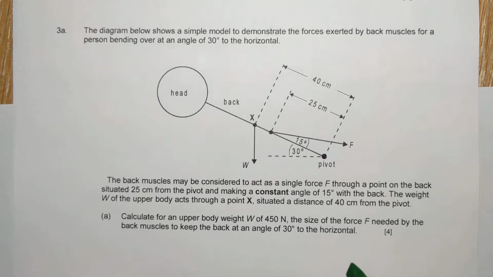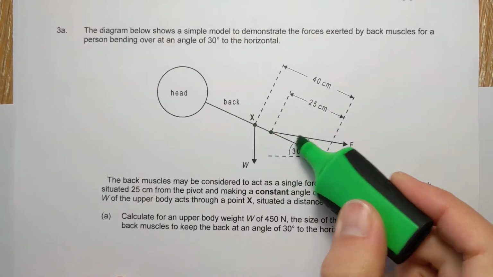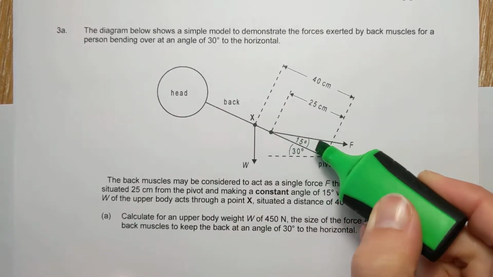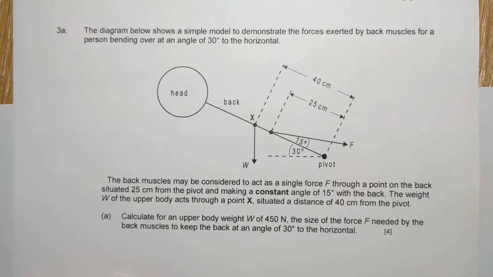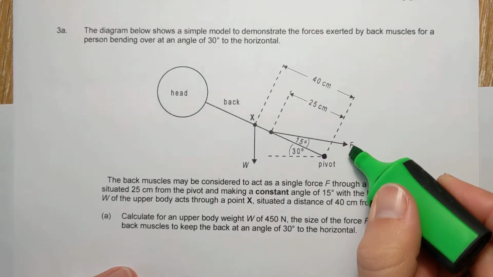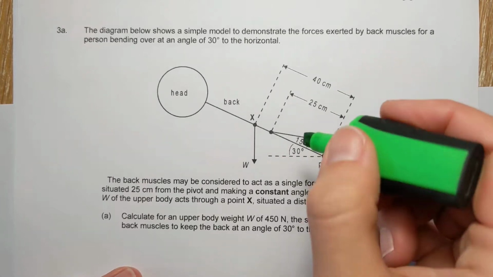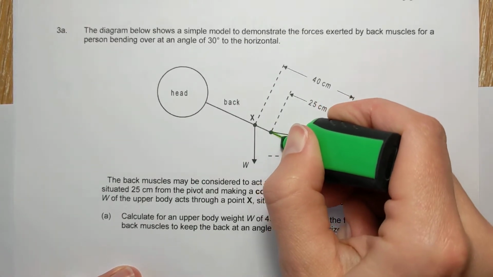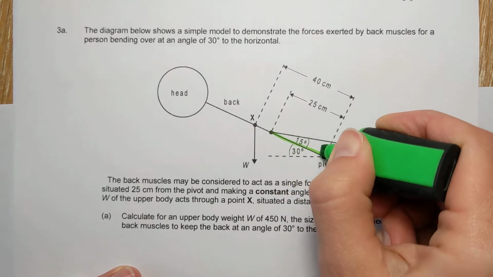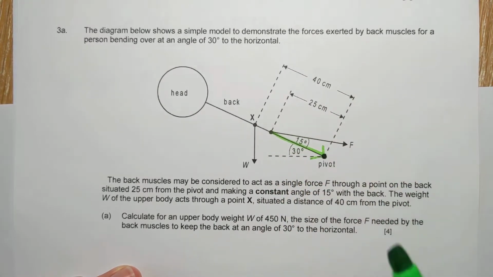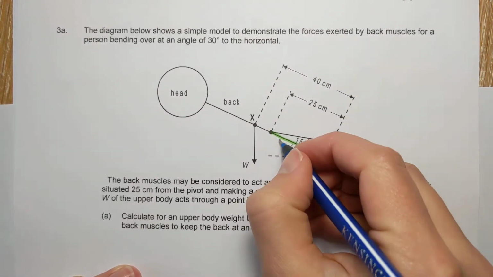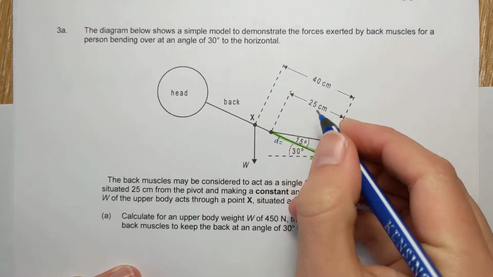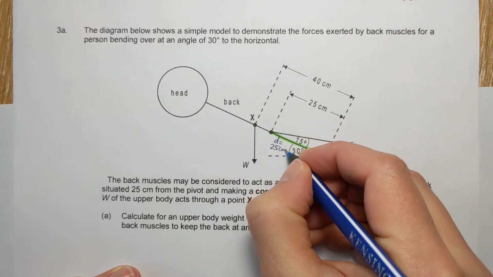Okay, so this is an example of a question where the forces have angles marked, not perpendicular distances. So let's start with the force F. If I draw from where F is actually acting on the person, down to the point that we're interested in, there we go. So that D there, that displacement, is the 25 centimetres.